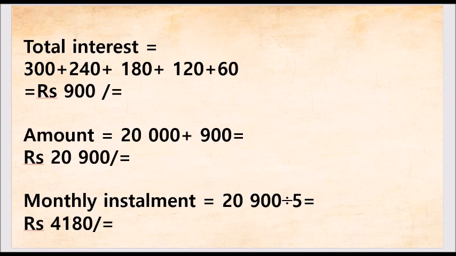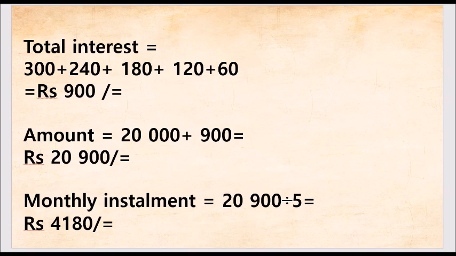The amount we have to calculate by adding the loan amount and the total interest, according to that step, you obtain the amount to be paid to settle the loan, which is 20,900 rupees. This is the total amount you have to pay to settle the loan.